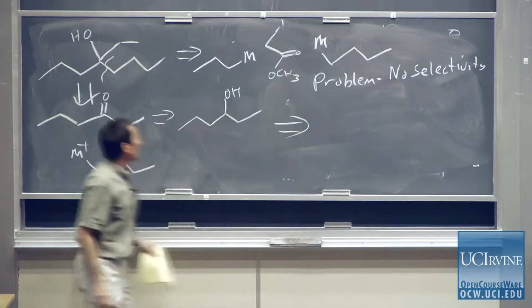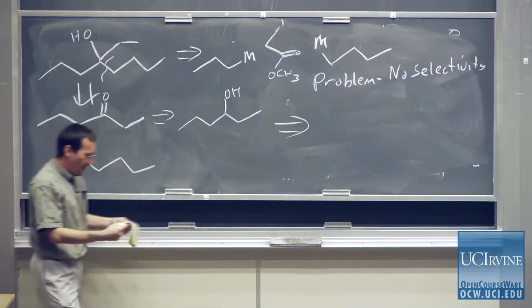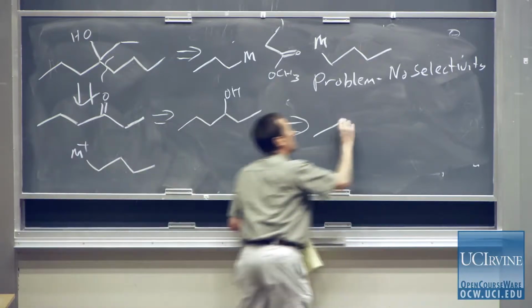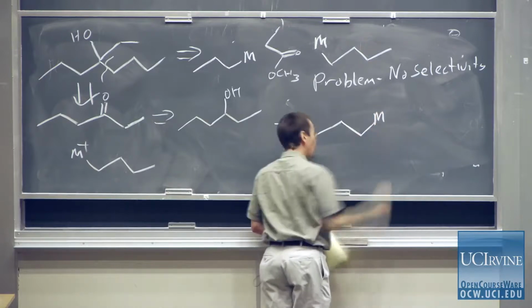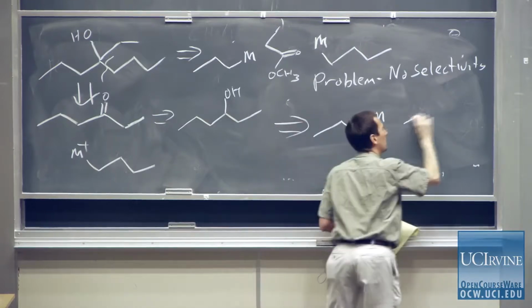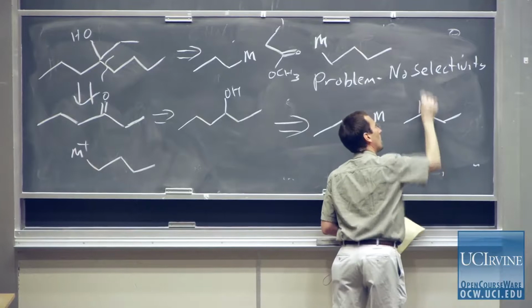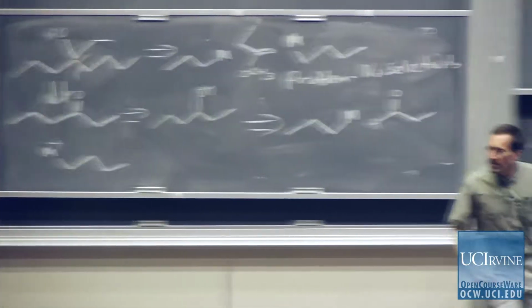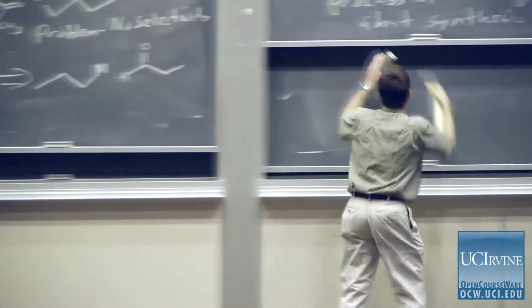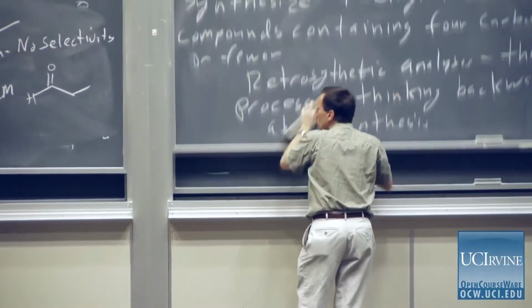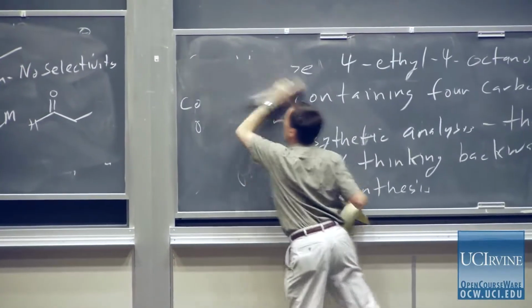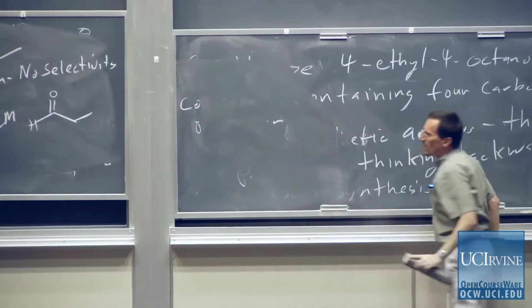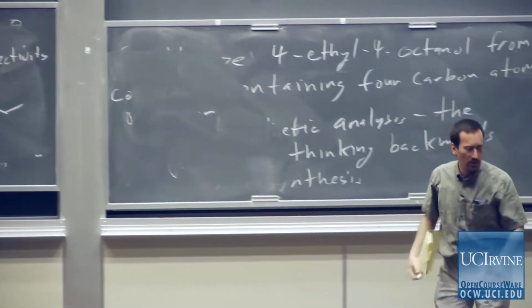Now I can think backwards again to a propyl metal reagent and propanal. At the strategic level, we've now broken this molecule apart. We've used the process of thinking backwards to figure out how we can put this molecule together.